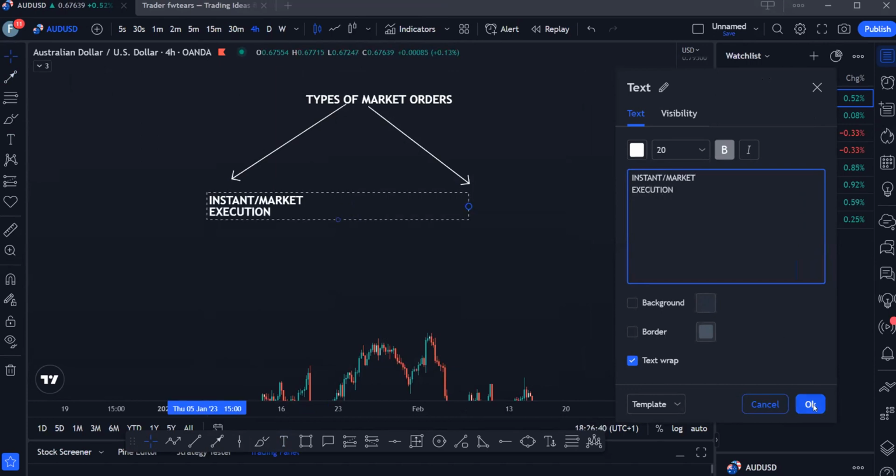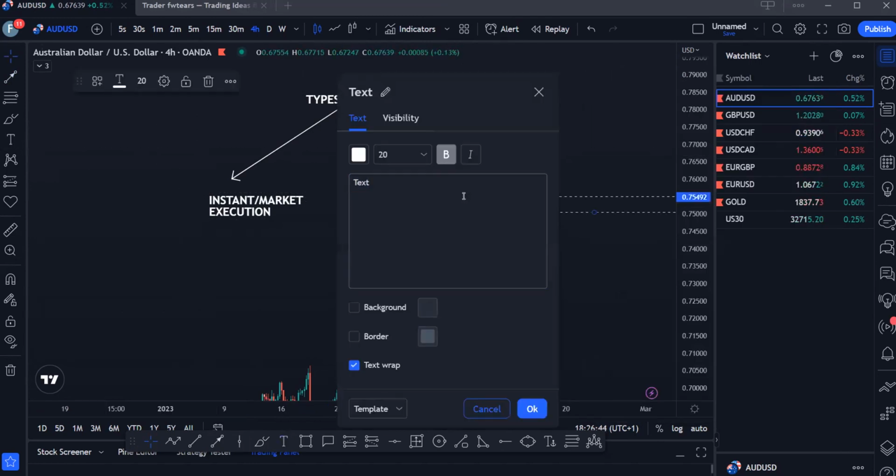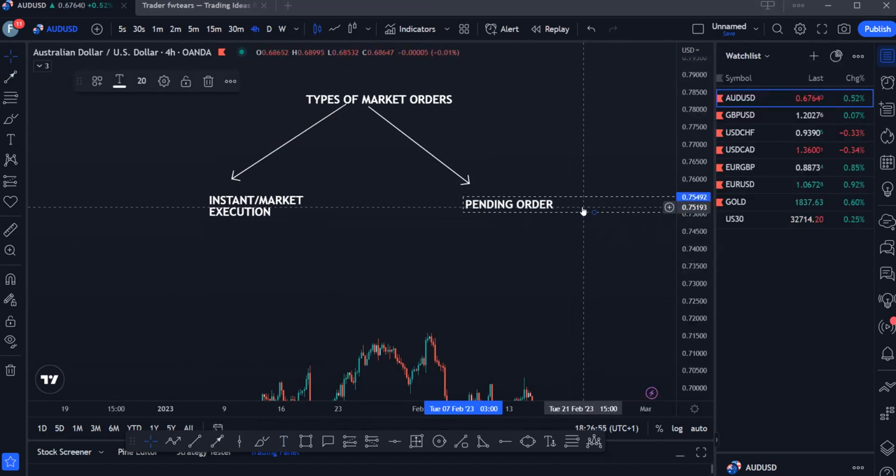And the second type of market order is called a pending order.